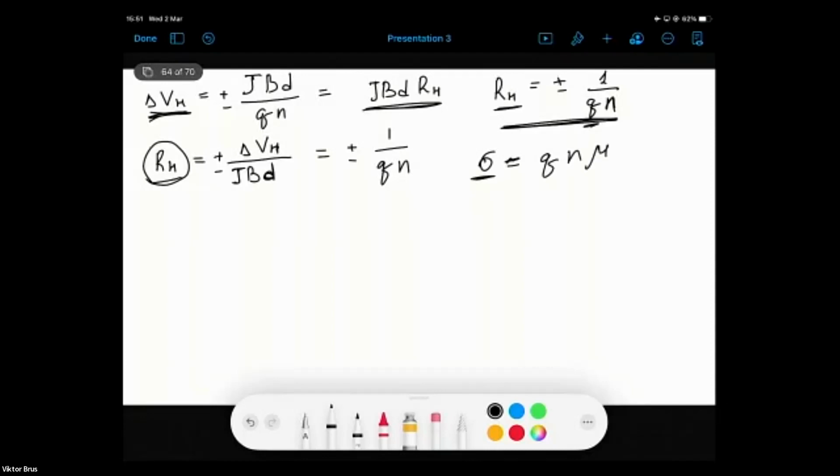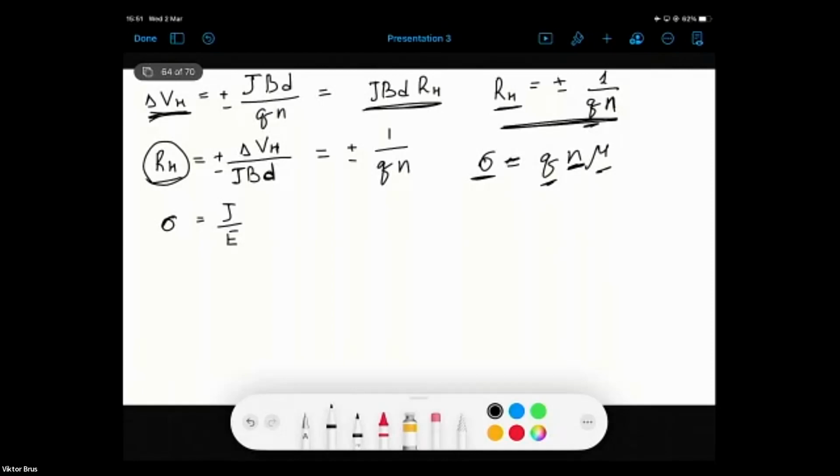So this guy we can measure experimentally. As you remember, I wrote that sigma is equal to J divided by E. So we can measure specific electrical conductivity. If we know sigma and know N, Q is elementary charge, then we can easily determine mobility of these charge carriers.